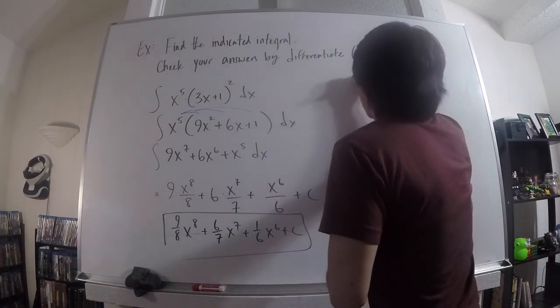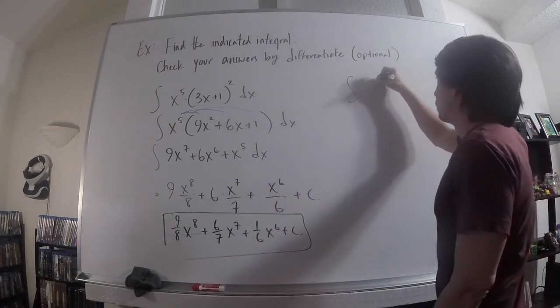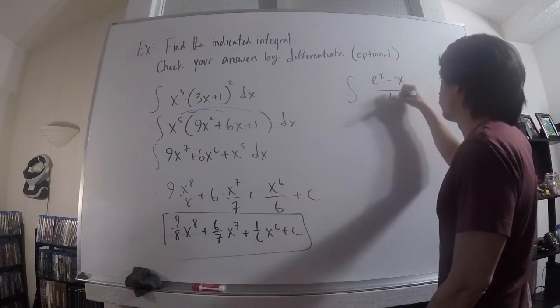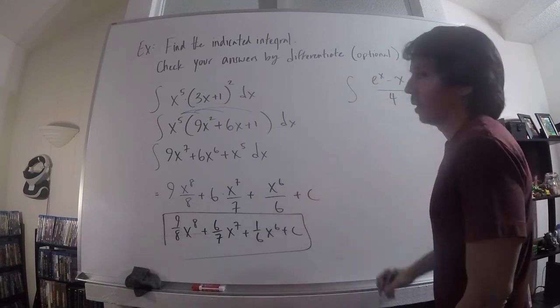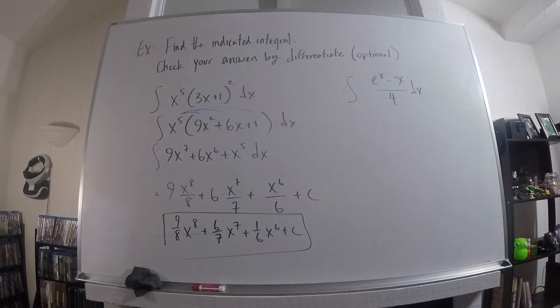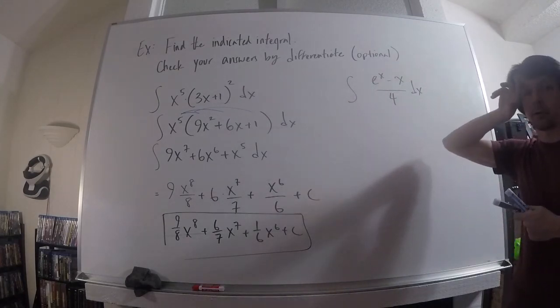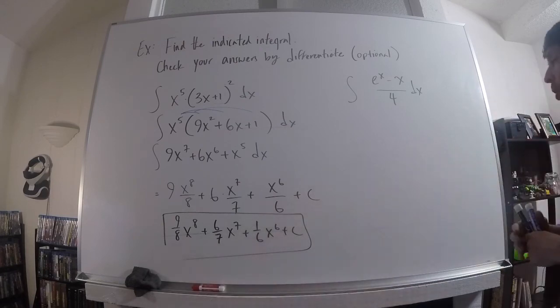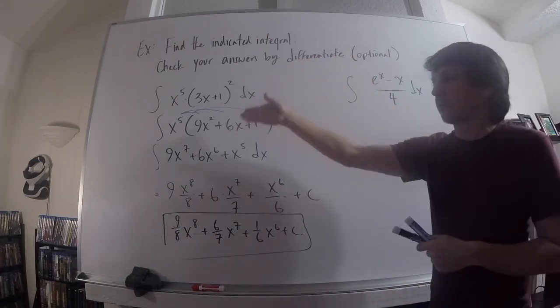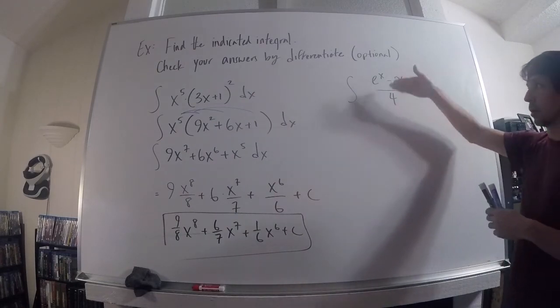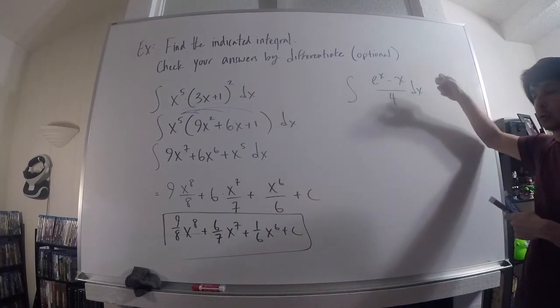Okay, in a similar way, here you have e to the x minus x over 4. Initially, that's a weird one. There's no quotient rule for this. You can't do the antiderivative of the top and the bottom and just put them over each other. If you have an x on the bottom, you might have to chop it up and then reduce.